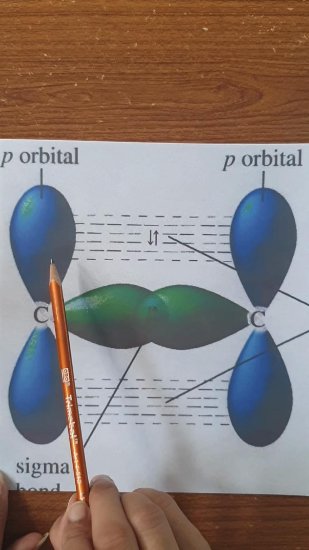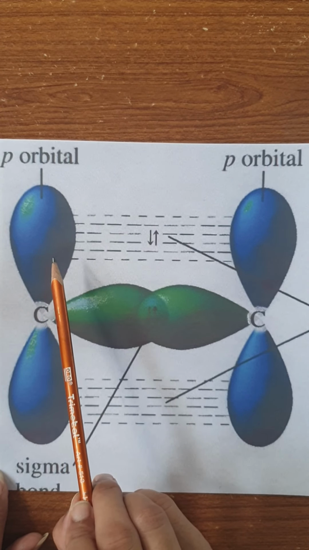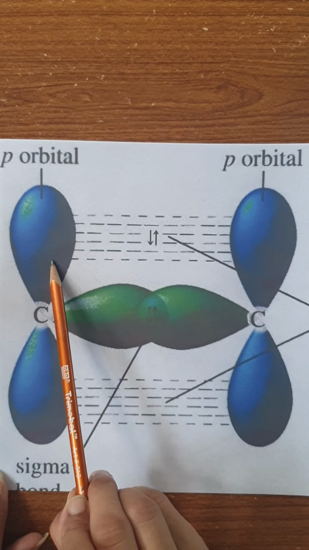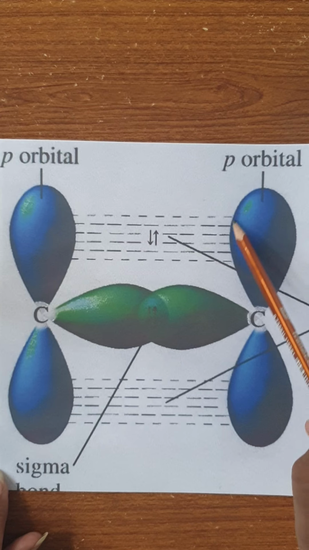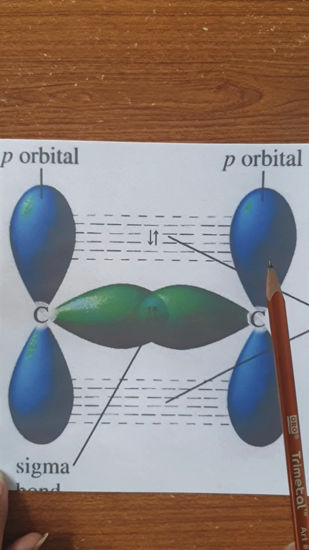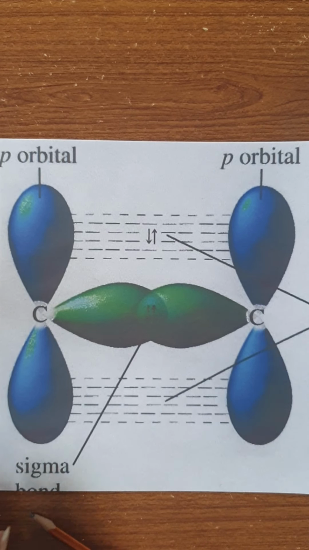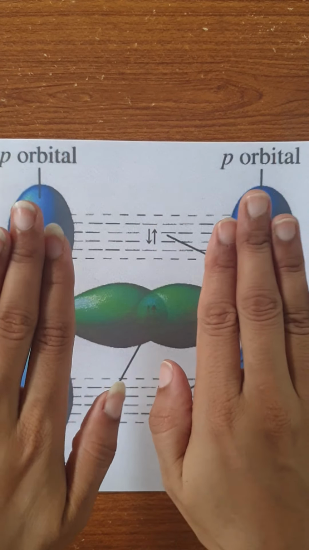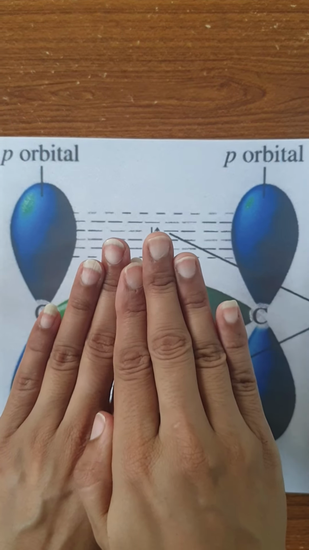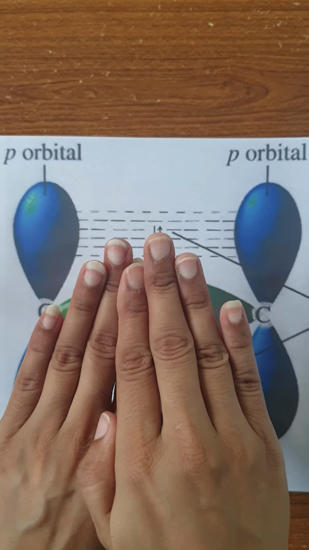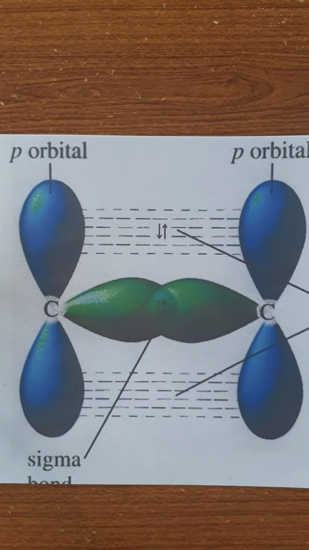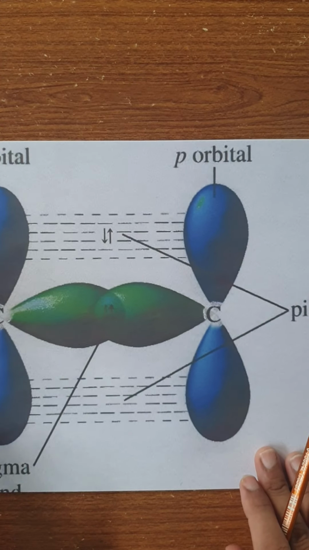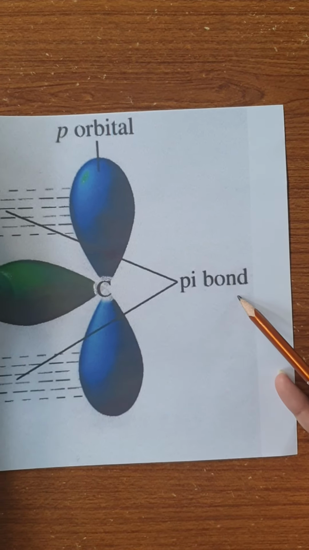If the overlapping of the atomic orbitals is side to side, now this is one side of the orbital, this is another side of the orbital, and if the overlapping is side to side, just like that, such overlapping will result in the formation of another type of bonding, and that type of bonding is known as the pi bond.